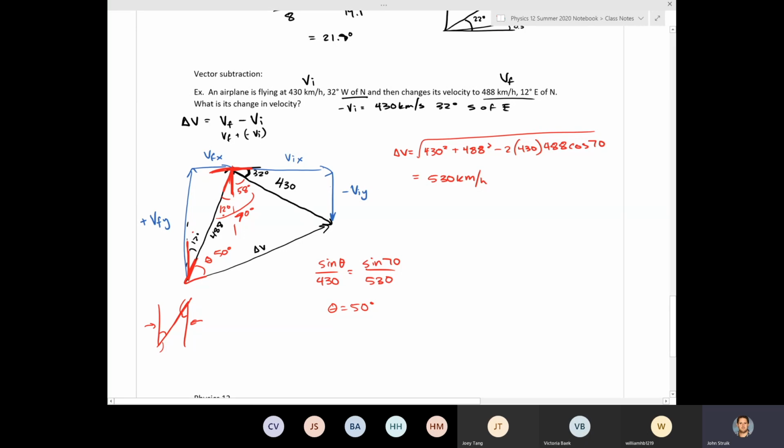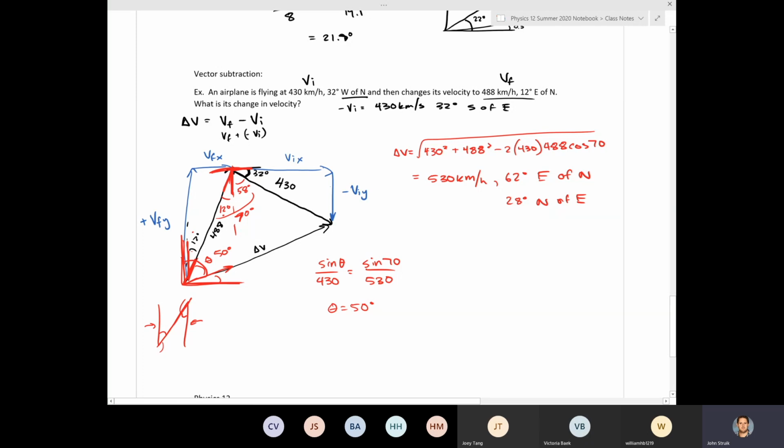So if I add these two together, 12 plus 50, I get 62. So I could say it's 62 degrees east of north, because that's north, you go 62 degrees, you get to this line right here, and that's the direction of delta V. Or you could say 90 minus 62 and express it as 28 degrees north of east. Either way, it's the same direction.